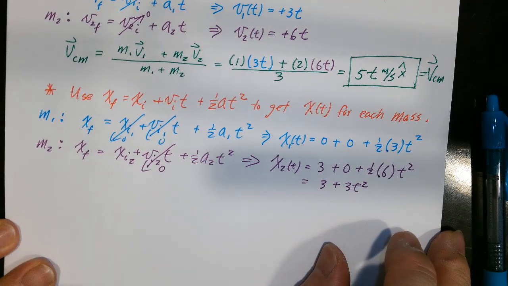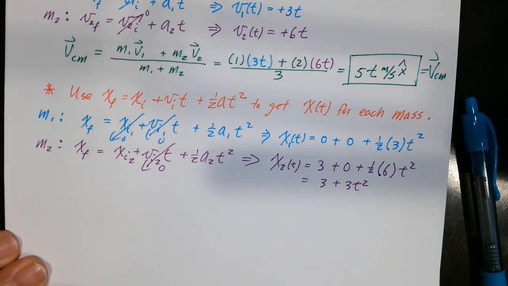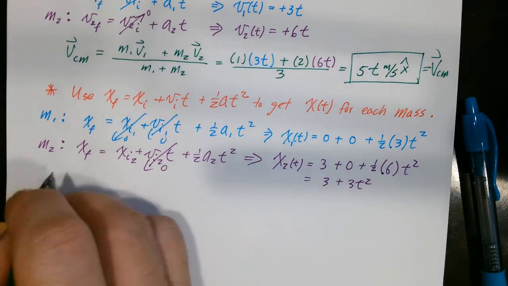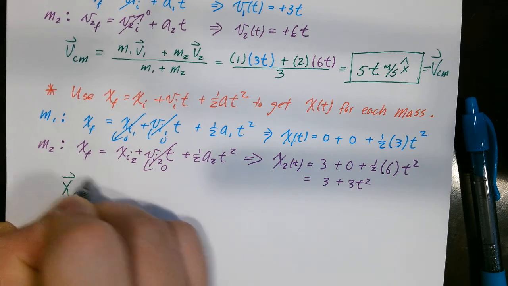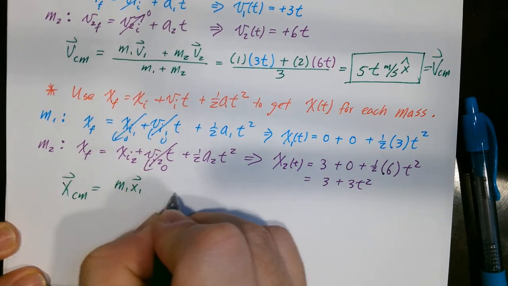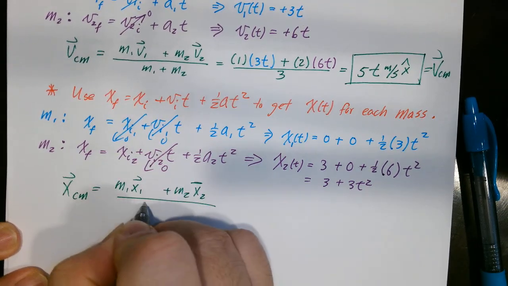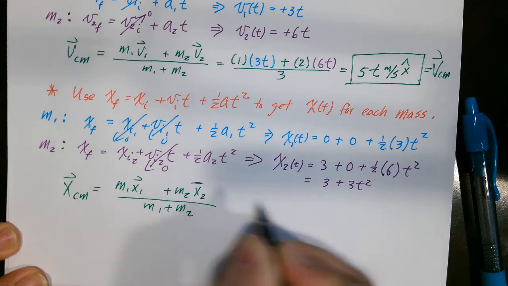So you can actually plug that into your x sub Cm, right? And that is equal to m1x1 plus m2x2 over m1 plus m2.